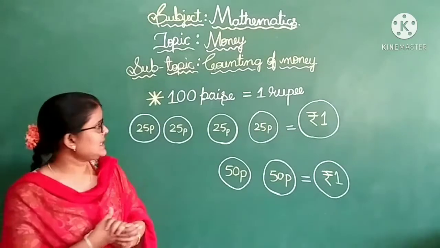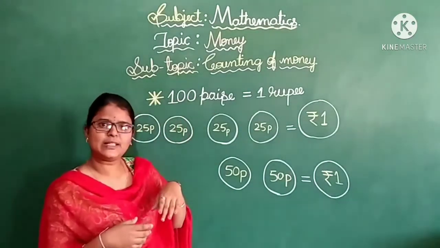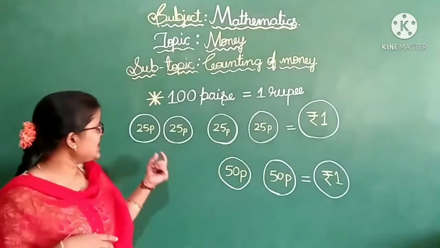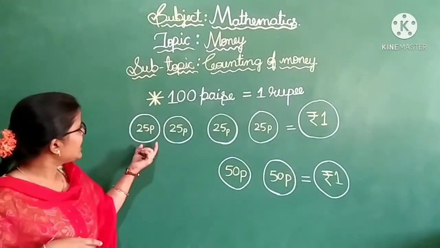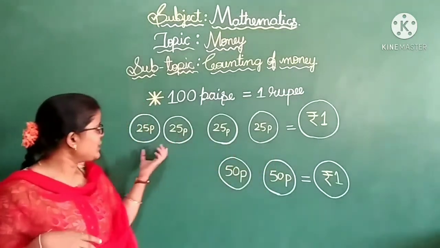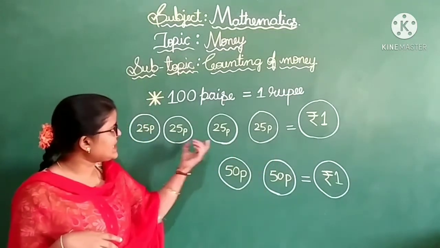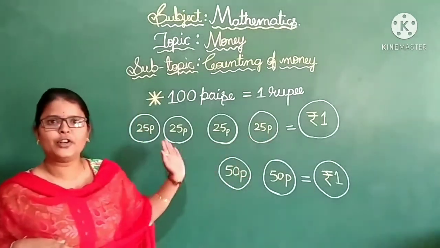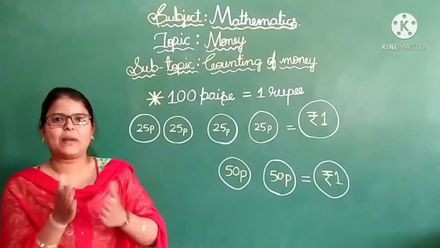How can we make this 100 paise using paise coins? See, in the second row you can see 25 paise coins: 25 paise, 25 paise, 25 paise, 25 paise. I have drawn it on the board. Next, I will show you practically.